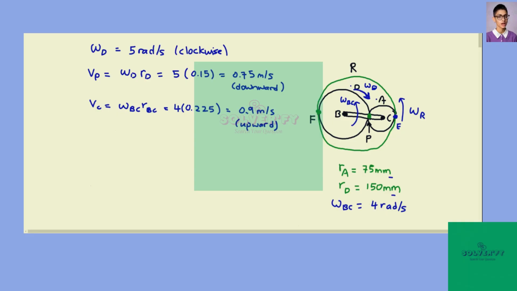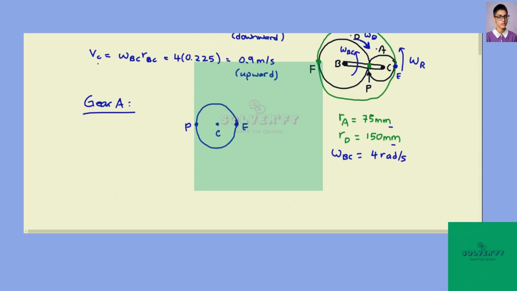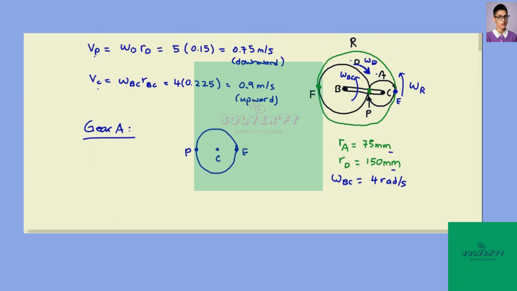So for gear A, the information about speed at point P and point C are related to gear A. So gear A, this is C, this is P, then this is our point E. We have determined that this is 0.75, and Vc is 0.9 meters per second.